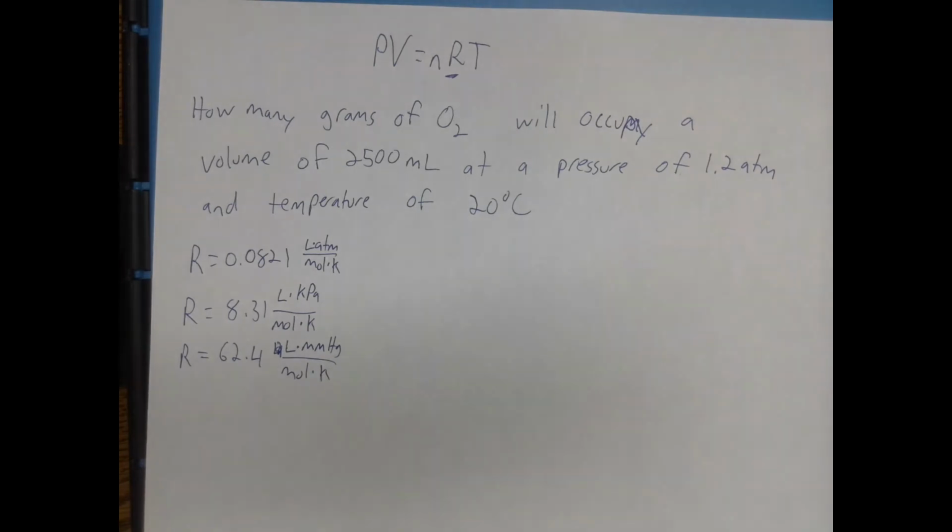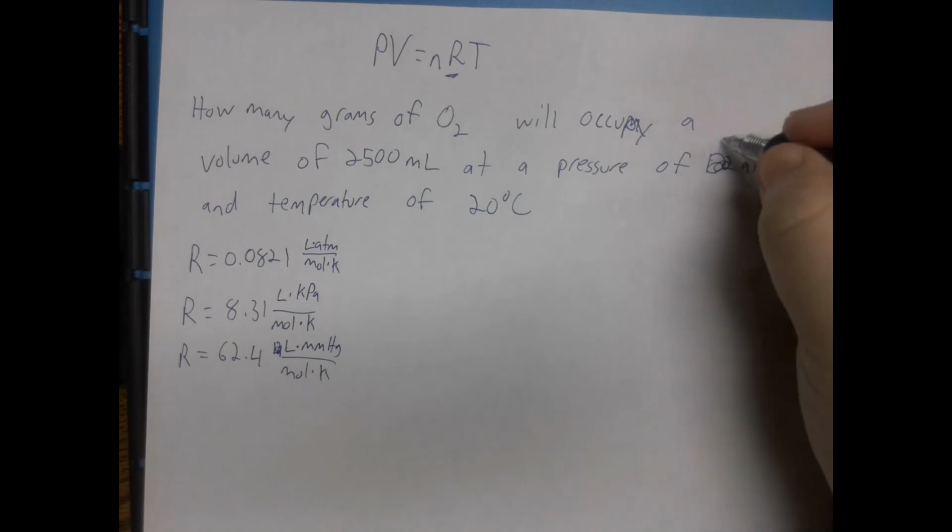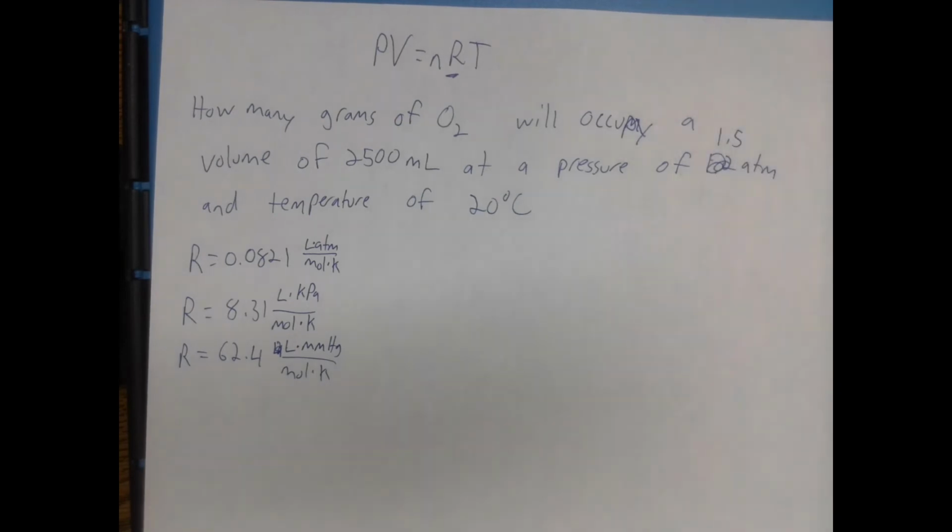Alright, so how many grams of O2 will occupy a volume of 2,500 milliliters at a pressure of 1.2 atmospheres? Let's make it even. Raise that, make it 1.5 atmospheres. And a temperature of 20 degrees Celsius. So we're solving for grams.